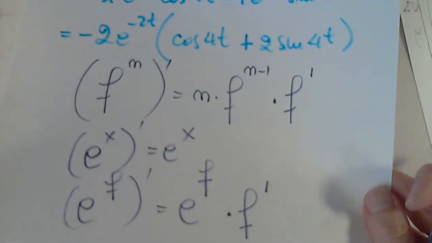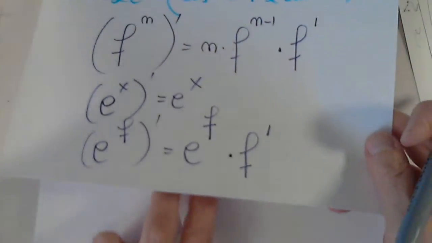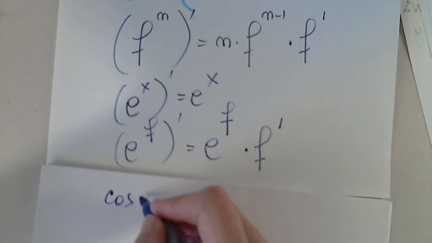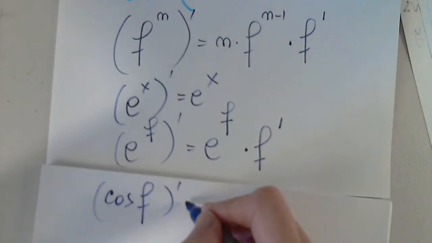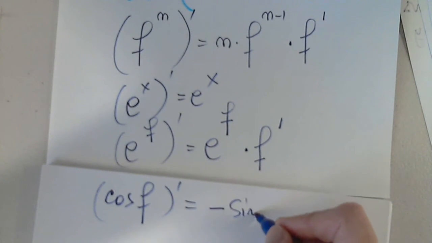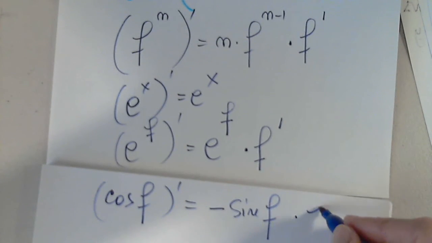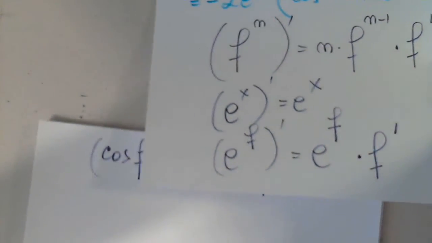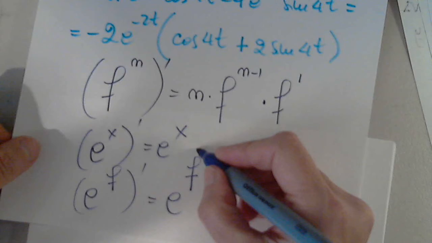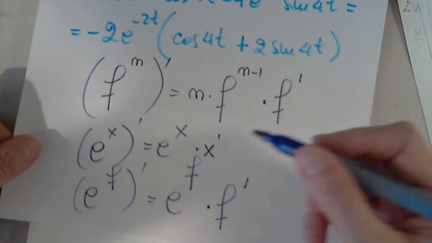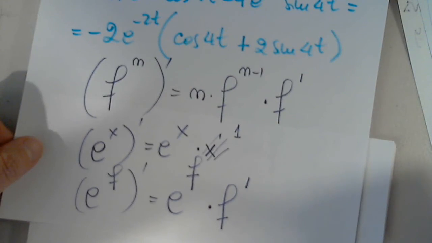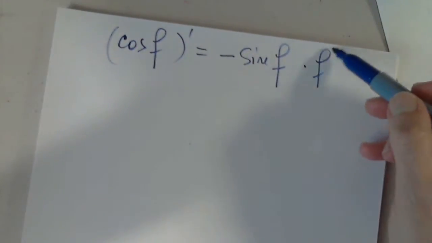The same thing with anything like cosine or sine of a function. So I can have cosine of a function prime. So then I have negative sine of that function times the inner function prime. We did this in the past without telling you, right? If you remember, I said times x prime, but there is no need because it's 1. We basically always use this, but we don't write this if it's 1.